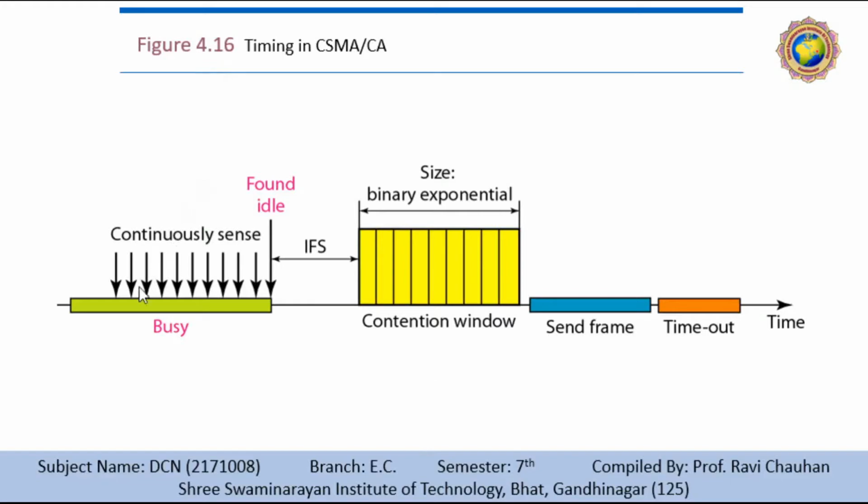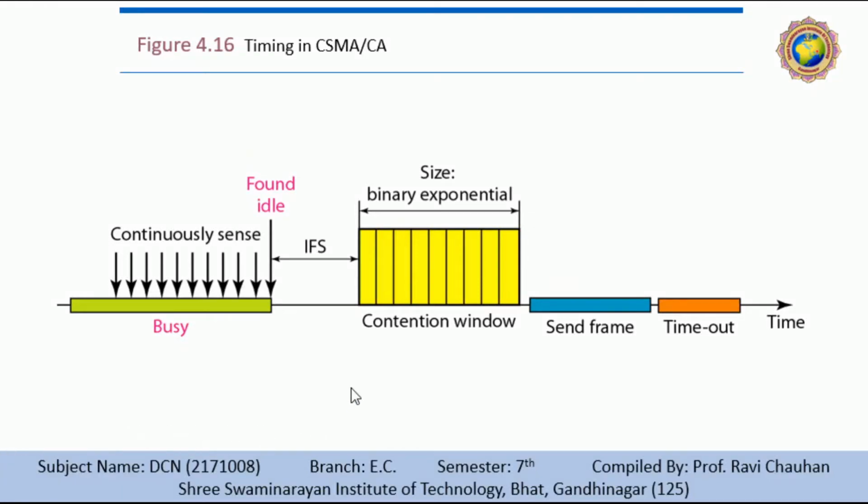So the three strategies used in CSMA are the contention window, sending the frame, the interframe space, and the acknowledgement.